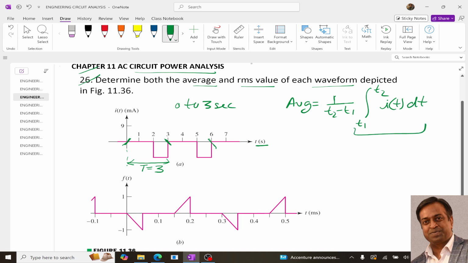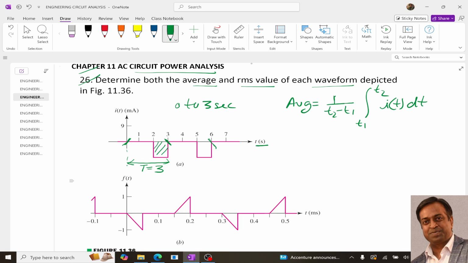With this we are taking the sum, or the area, and dividing it by the total time period, total sum divided by time. So it will give you the average.